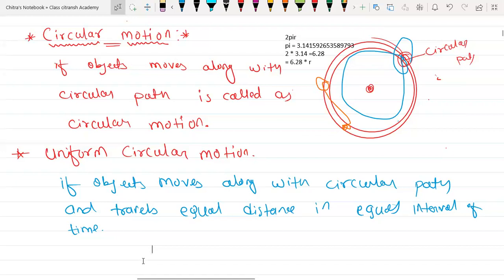Just write it down. Along a circular path, displacement may be zero.